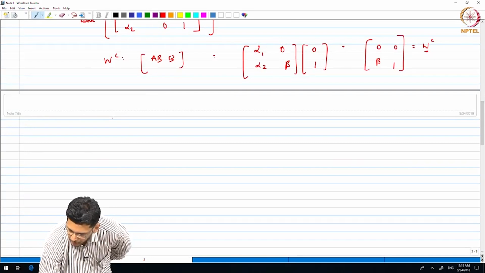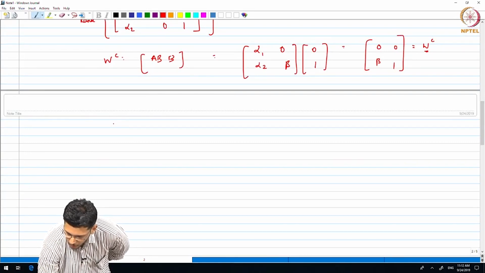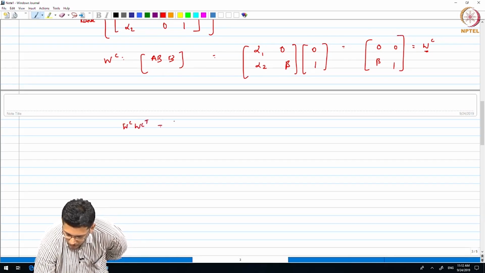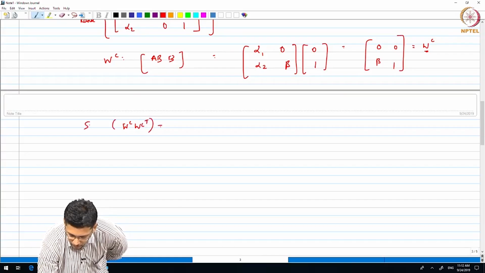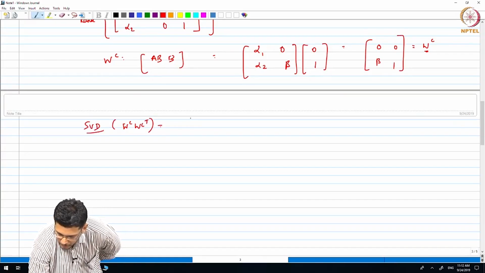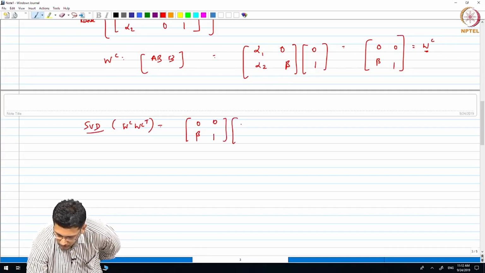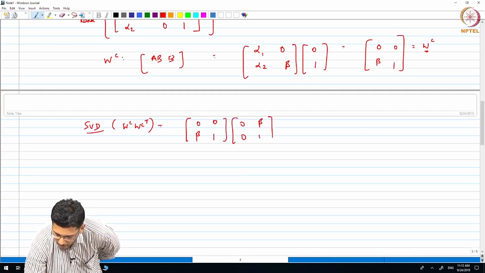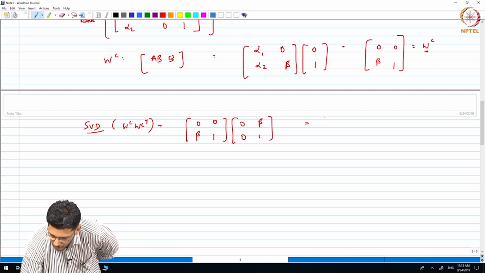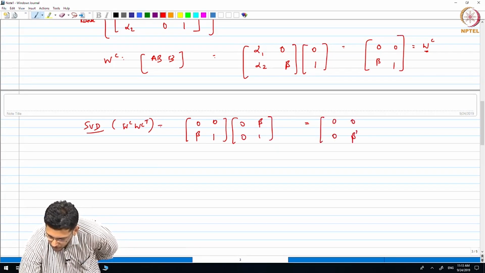When you find the SVD of this, we have to find the SVD of WC times WC transpose, which will be 0 beta 0 1 times 0 0 beta 1, which is equal to 0 0 0 beta square plus 1.